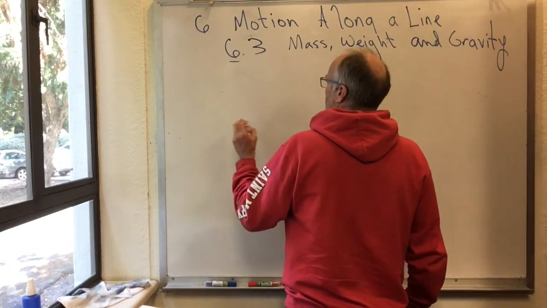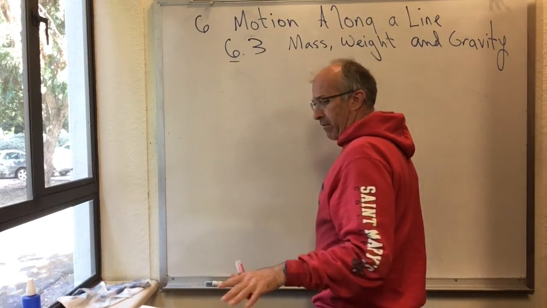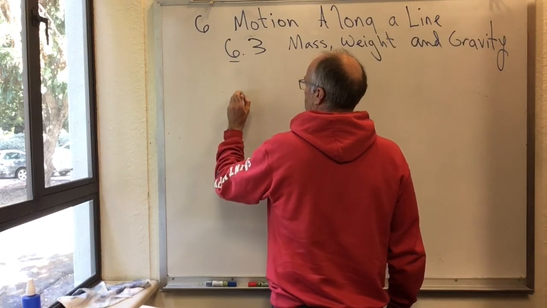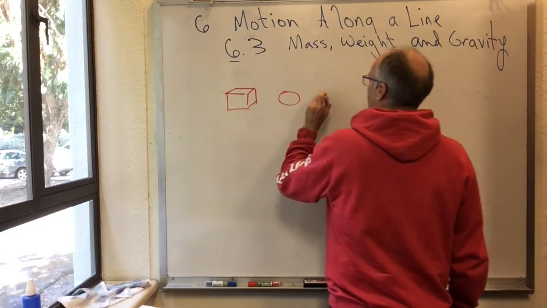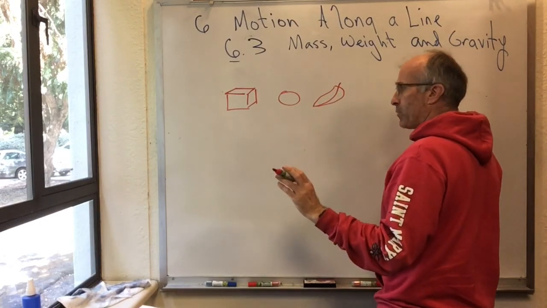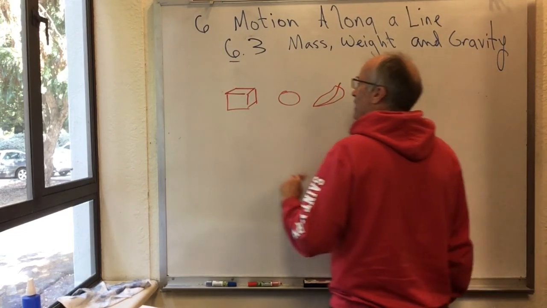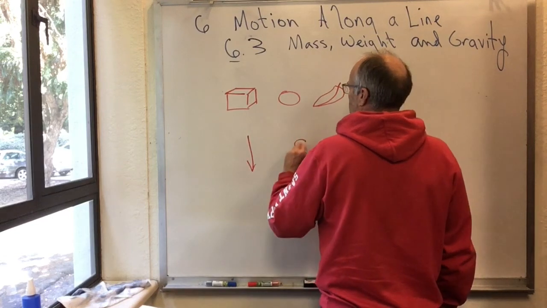So here's what you know about gravity so far, both from doing experiments in lab and from reading the textbook. For any object, it doesn't matter if it's a box or a cannonball or a feather, if you can neglect air resistance, then its acceleration in the downward direction is g.